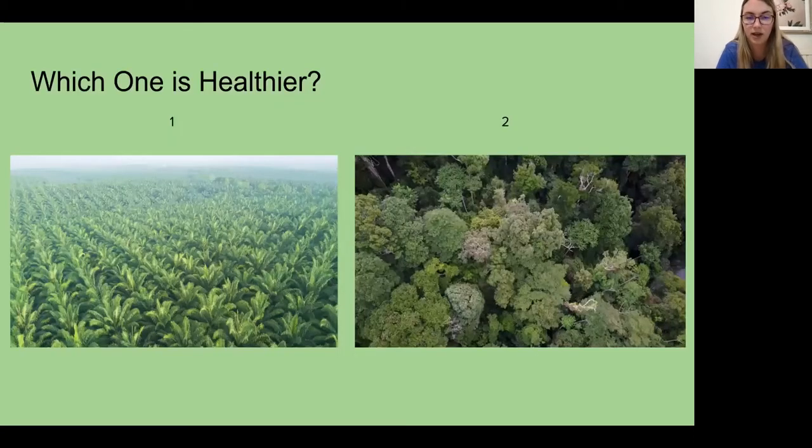Okay, here is our third question. Which one do you think shows a healthier forest?